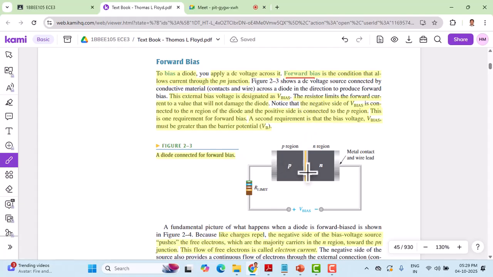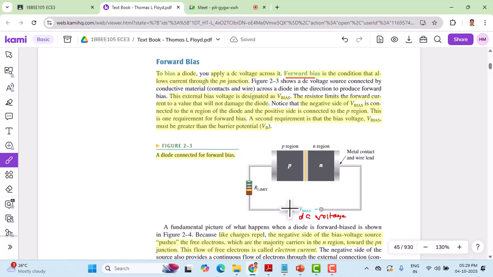This is a diagram which shows how to connect a diode in the forward direction. So this diagram shows a diode connected for forward bias. Look here, there is a battery, a DC voltage, which is a variable voltage.